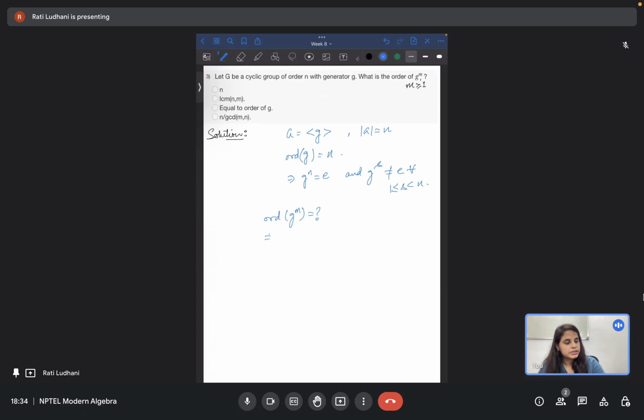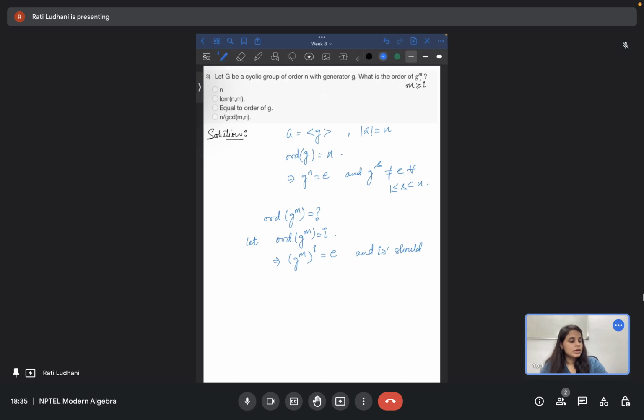Let the order of g raised to power m be equal to i. This implies g raised to power m, raised to power i, should be identity, and i should be minimal and also i is greater than or equal to 1, because if you put i equals 0, then definitely it is identity.